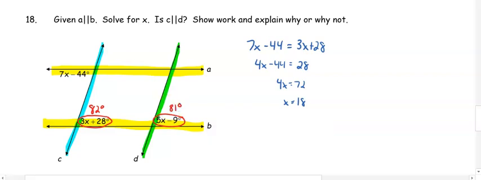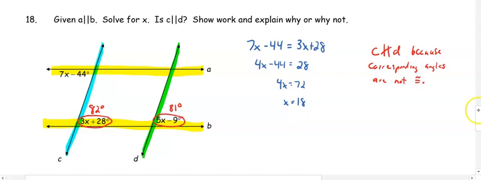So these corresponding angles are not congruent, so C is not parallel to D. So C is not parallel to D because corresponding angles are not congruent.